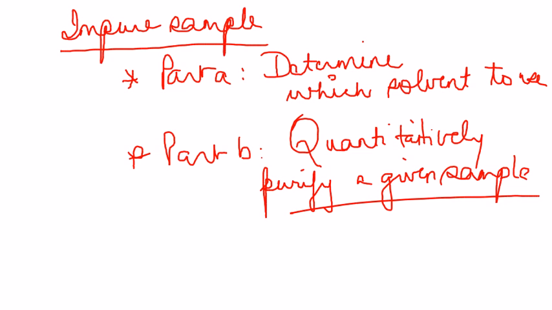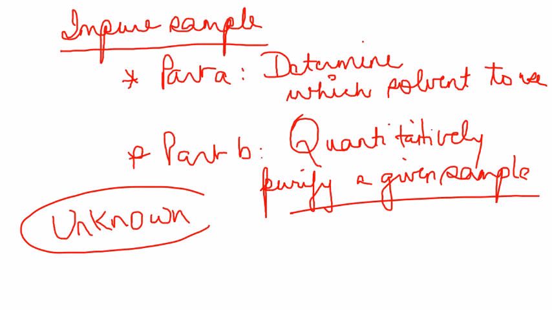So as you come to the lab, I would assign, between you and your lab partner, an unknown. Okay? You will first do a series of experiments to figure out the solvent that you need to use, and then you would use that solvent on the same unknown to quantitatively, when I use the word quantitatively, meaning you would use that on a 2-gram scale or a 3-gram scale.